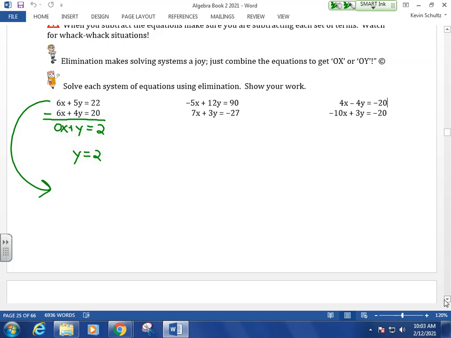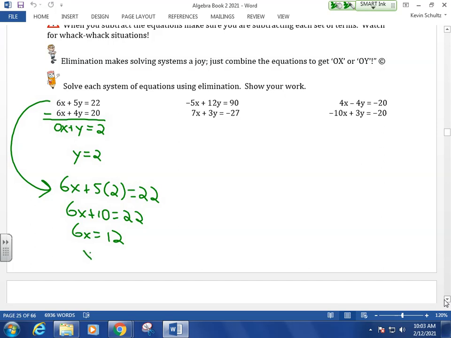Okay, so we can rewrite 6x plus 5y equals 22 to be 6x plus 5 times 2 equals 22, because we solved for y, so we can plug that value in there. That is 6x plus 10 equals 22, or 6x equals 12, once we move that 10 over to the other side.